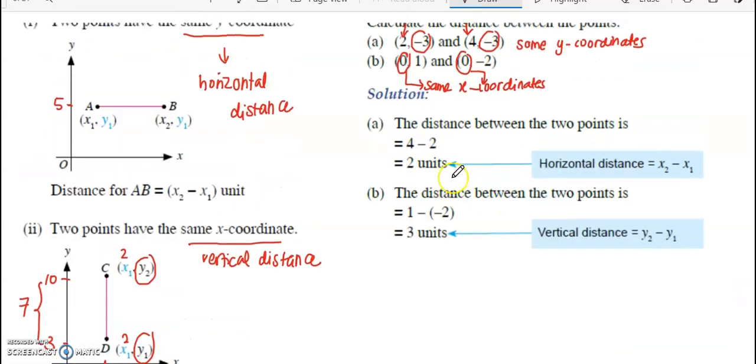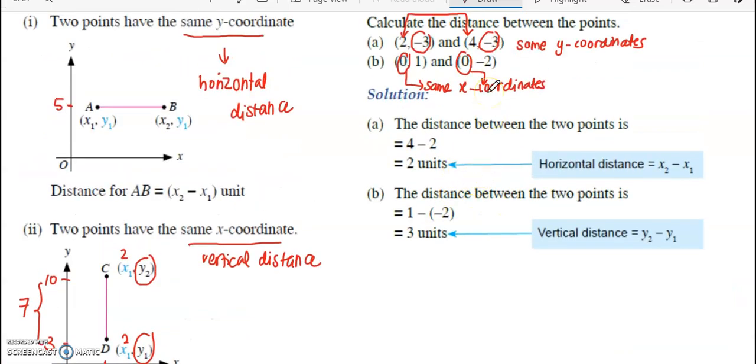Alright, actually for this part, awak boleh je nak ambil, katakanlah awak tak ambil 1 tolak 2 ni. You can take negative 2, you minus with 1 here. So it will be negative 3 units. So for your information, bila you buat macam ni, untuk distance, there is no negative.